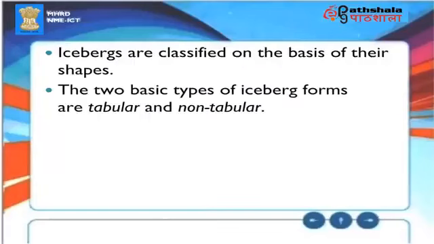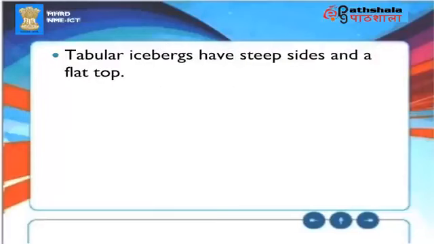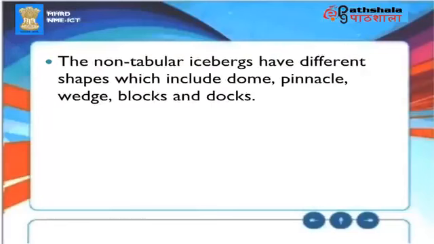Icebergs are classified on the basis of their shapes. The two basic types of iceberg forms are tabular and non-tabular. Tabular icebergs have steep sides and a flat top. The non-tabular icebergs have different shapes which include dome, pinnacle, wedge, blocks, and docks.